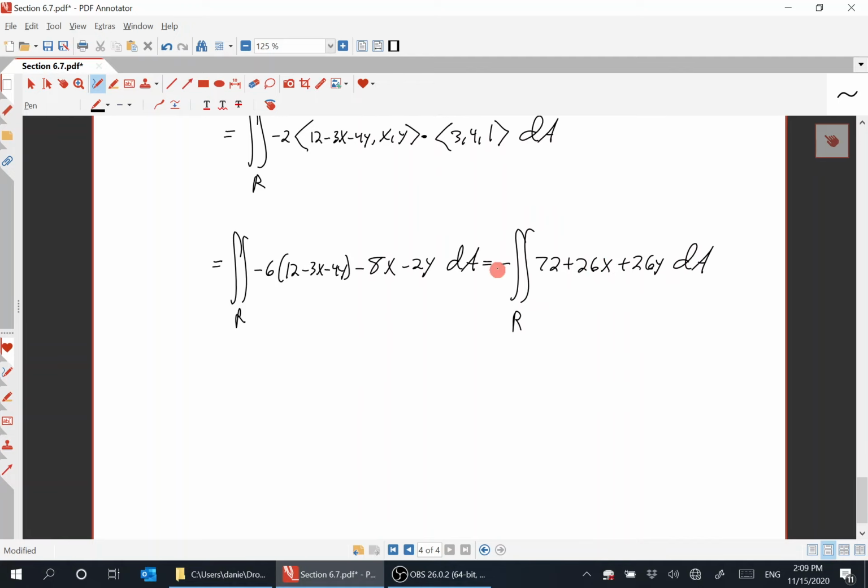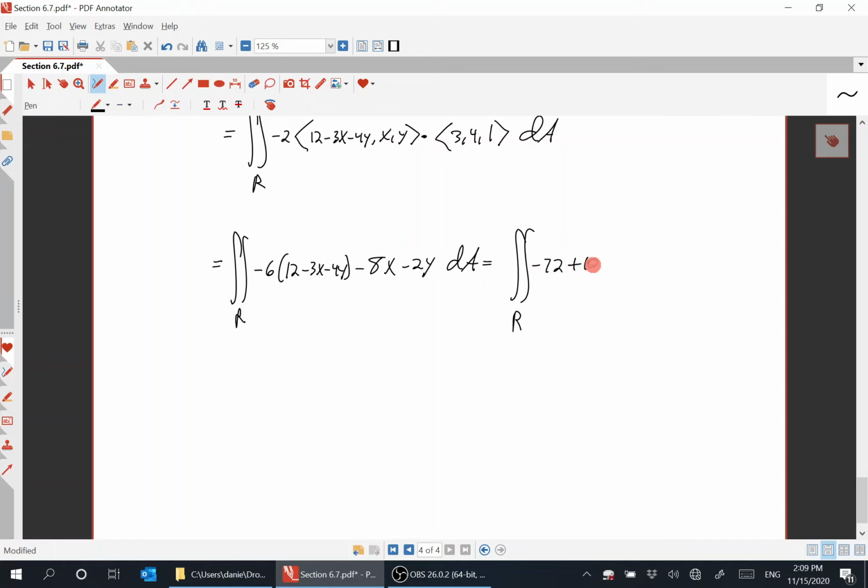So minus all of that. Wait a minute. Oh, these are plus. No, let's not do it that way. So minus 72, and then it's going to be plus 3x, plus 18x, minus 8x.